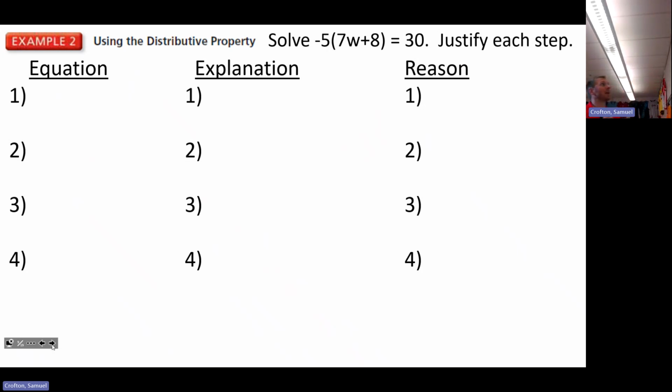So let's jump in. Again, we got another equation here. I'm going to just jump right in because I know it goes here. That's a 7W. So I have the equation that was given to me. I'm always starting out with that. For the explanation, I'm going to say just write the equation.